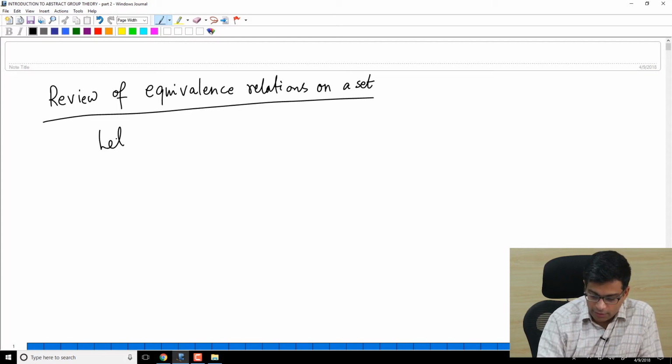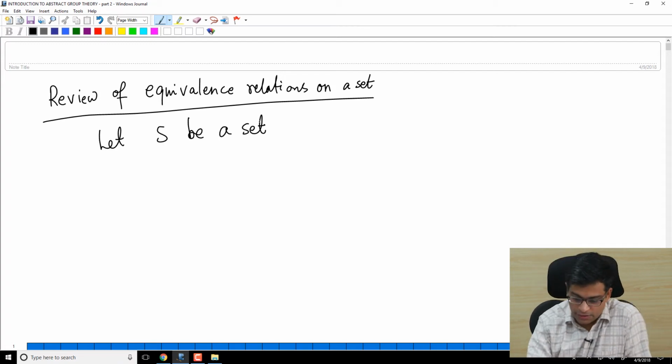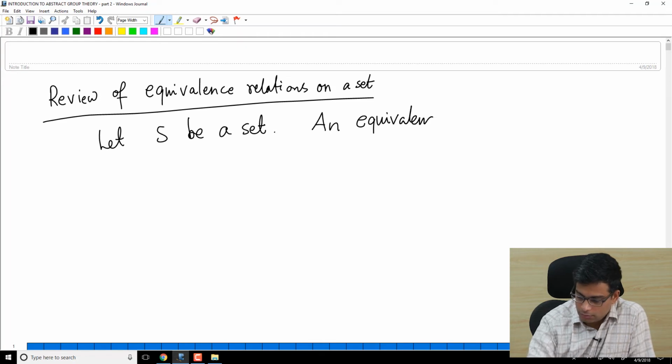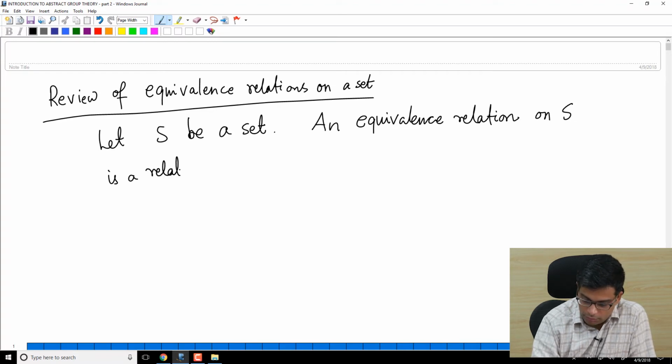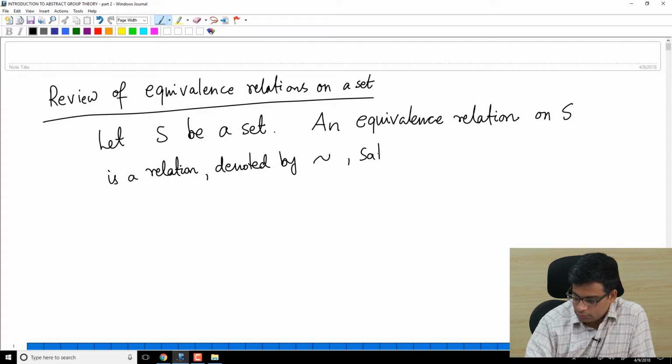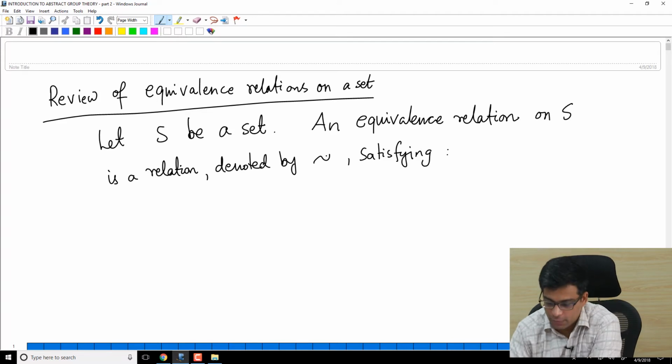So let S be a set. Okay, so for this video we are only going to look at some sets, and there is no group here. So let S be a set. An equivalence relation on S is a relation, denoted by this symbol here.